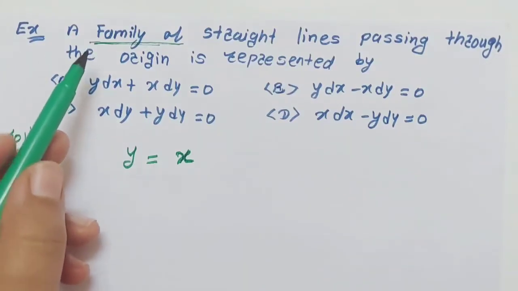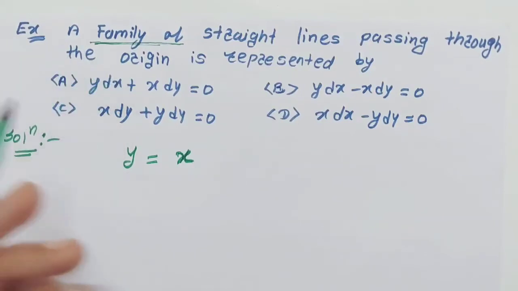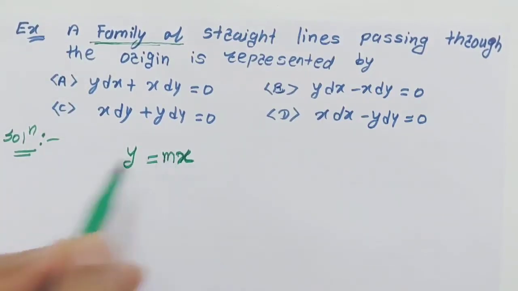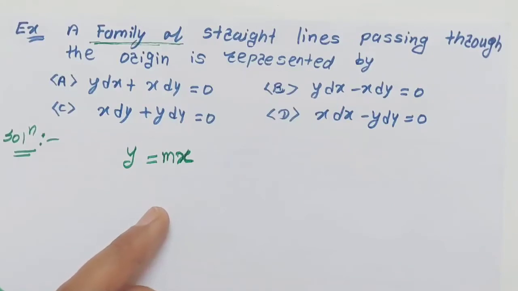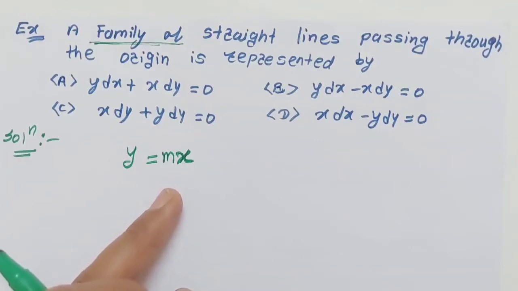And in our question it is given family of straight lines that are passing through origin. Now all the lines are passing through origin, so here we take m as a constant. If we change the value of m, then we get different equations of line, that is y equals to 2x, y equals to 3x, y equals to 4x, y equals to minus x.